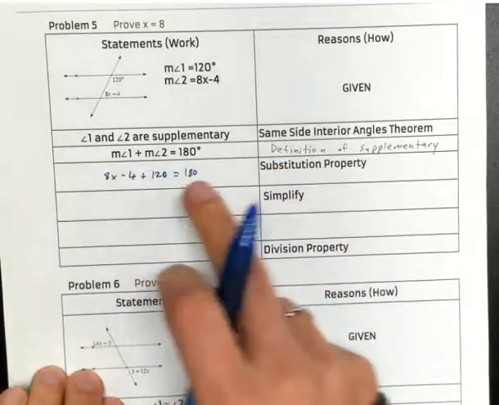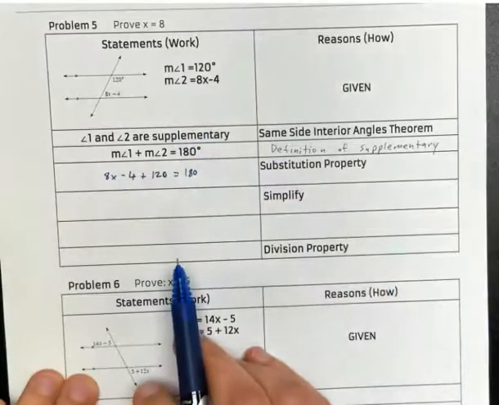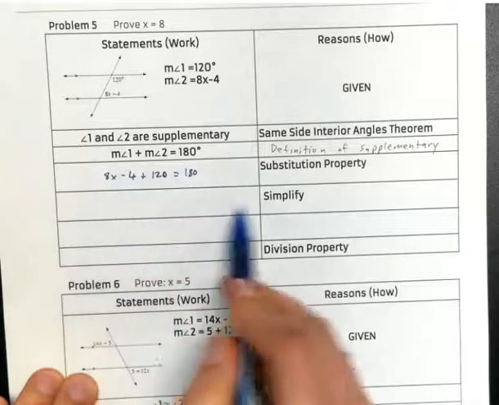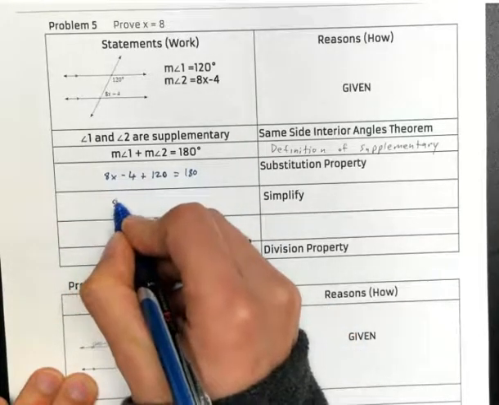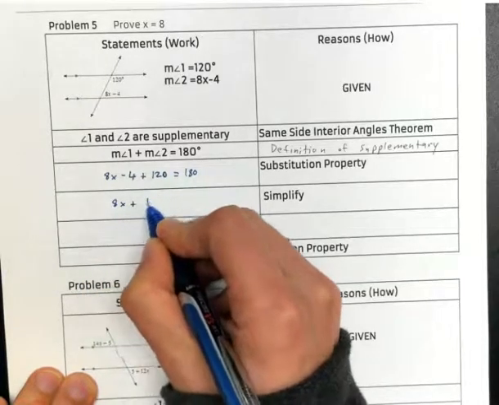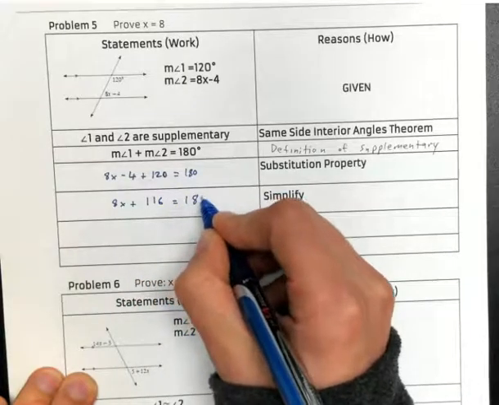I know that because I just substituted in what the measure of angle 1 and measure of angle 2 actually are. And then next I'm going to simplify, so combine my like terms. And I have 8x plus 116 is equal to 180.